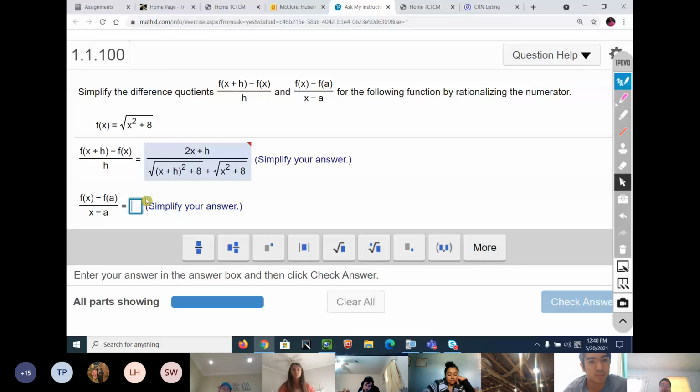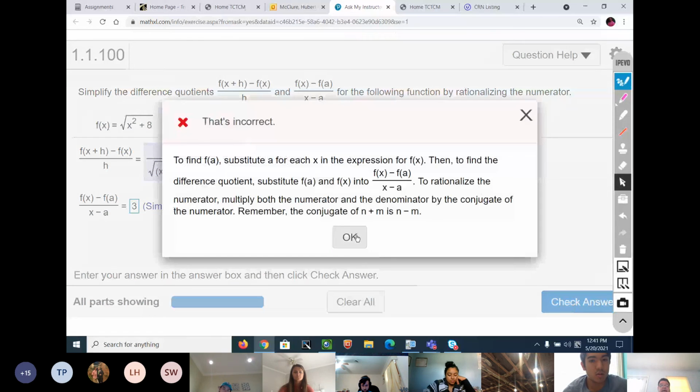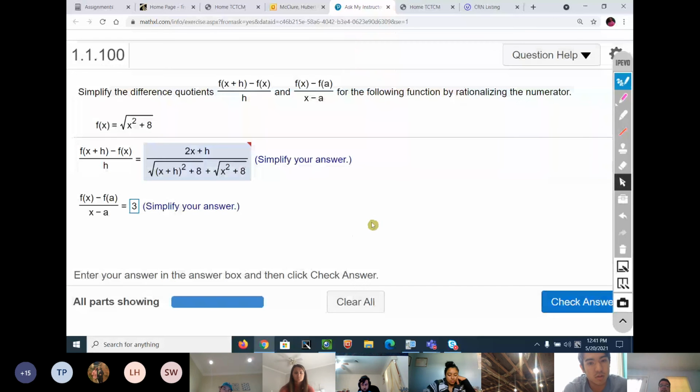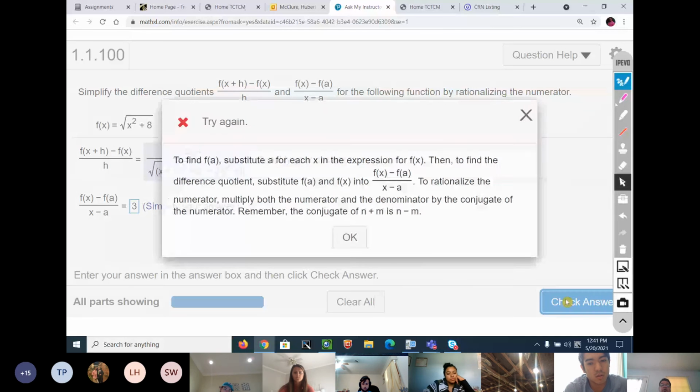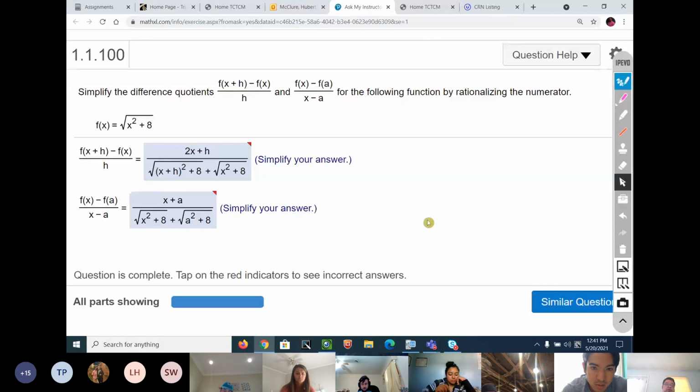So it should be x plus a over 2 sets of radicals. Those are 2 good test questions. This one and this one.